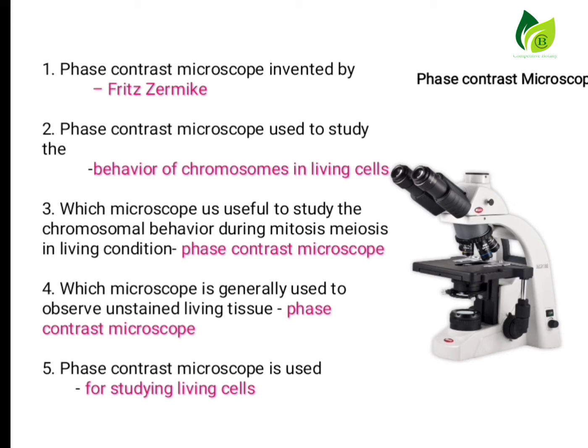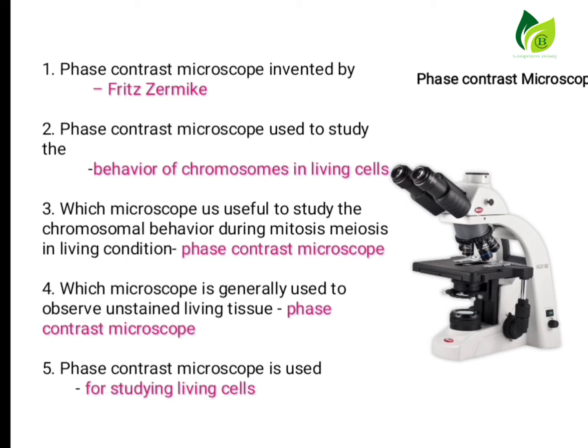Now we are going to our topic, the competitive bits frequently asked from the phase contrast microscope. The phase contrast microscope was invented by the scientist Fritz Zernike. The next important bit: the phase contrast microscope is used to study the behavior of chromosomes in living cells.